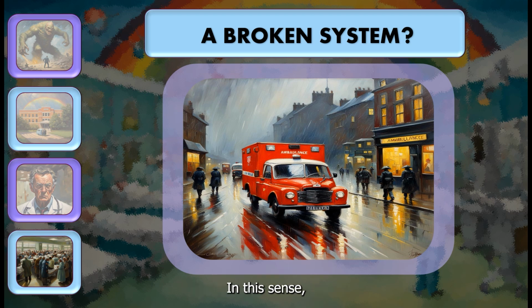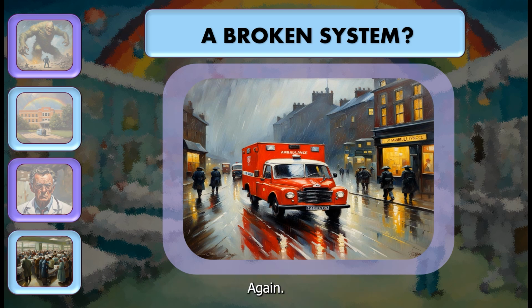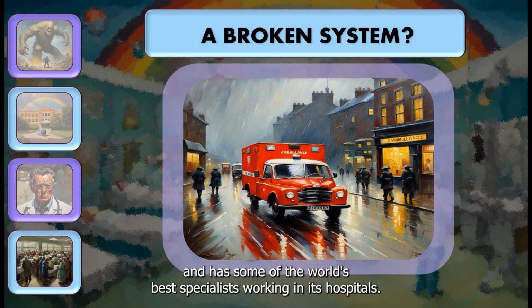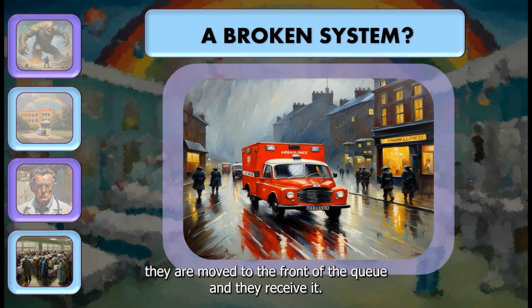In this sense, many would now argue that Britain has a two-tier healthcare system again. The counter-argument to this is that the NHS remains Britain's largest employer, and has some of the world's best specialists working in its hospitals. When someone does need emergency or advanced life-saving treatment, they are moved to the front of the queue and they receive it.